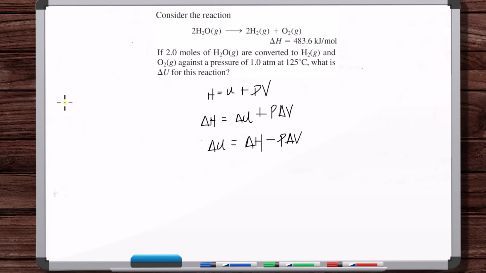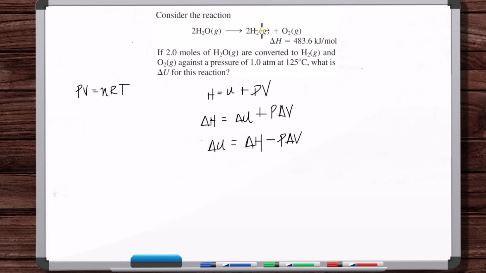So how do we calculate the delta V from here to here? We're going from state 1 of an ideal gas to state 2 of an ideal gas, so we can use a P1, V1, T1 equals P2, V2, T2 type formula. PV is equal to nRT. Going from state 1 to state 2, we don't have to consider what's constant during the reaction. All we're looking at is before and after.